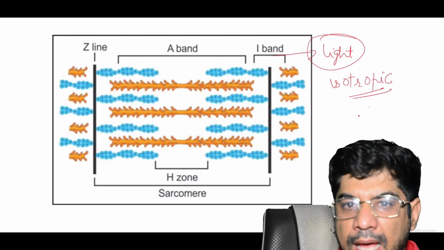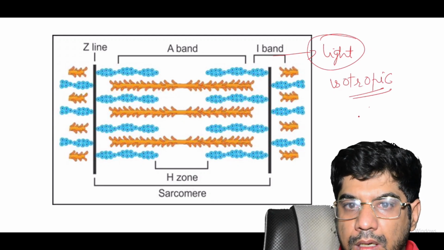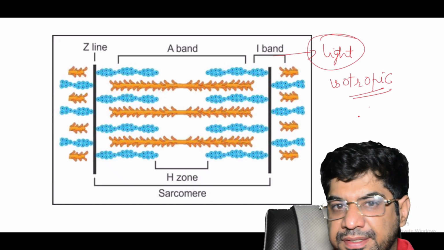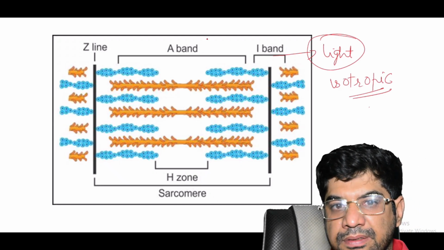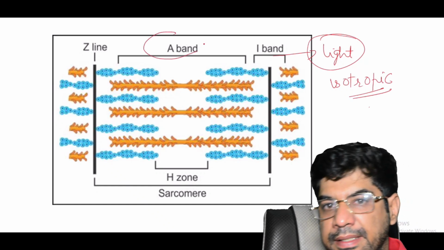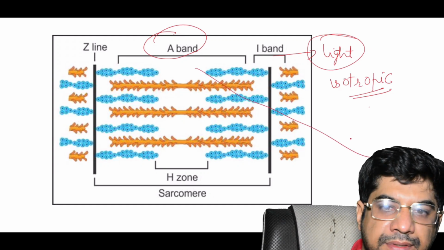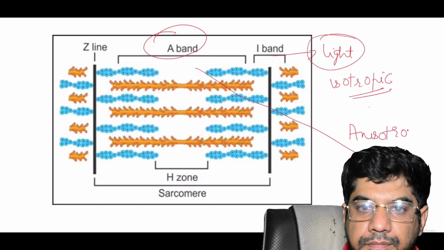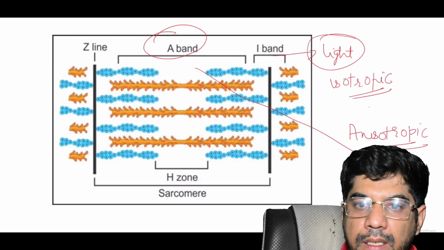Now why is it called the light band or I band? Since the light rays are reflected at the same angle, that is why it is known as the I band. The other is the dark band, which is the A band, and it is anisotropic.